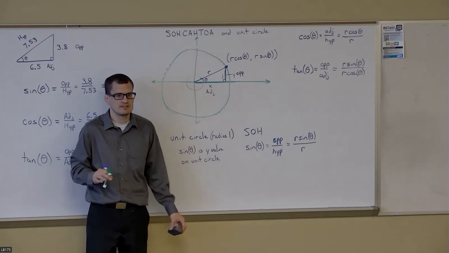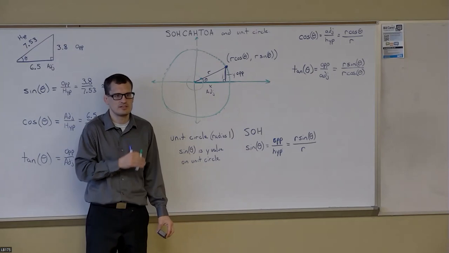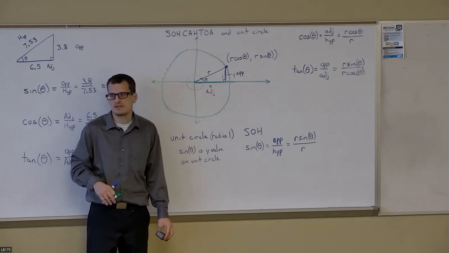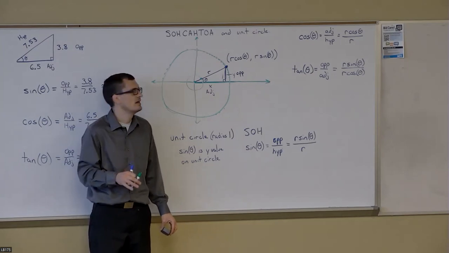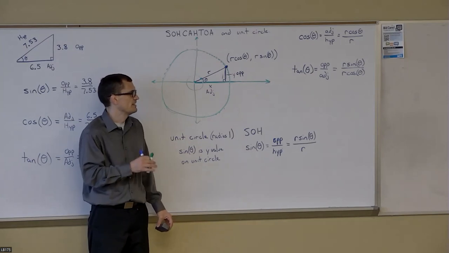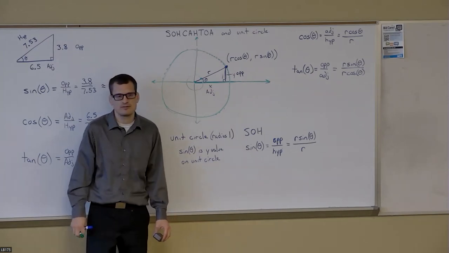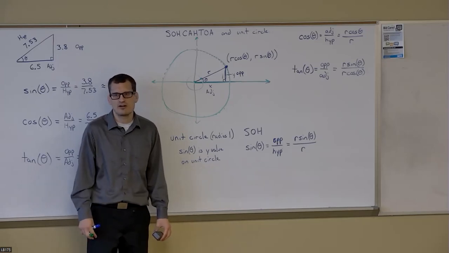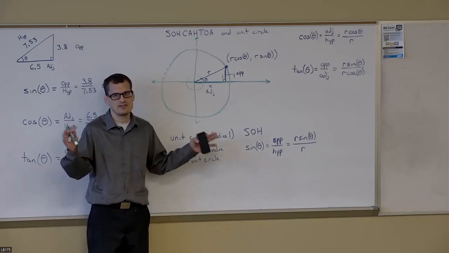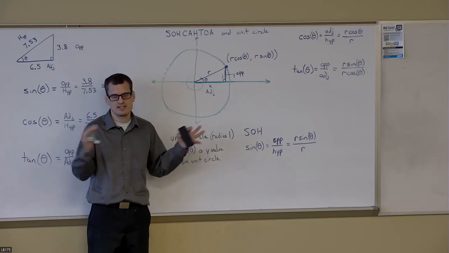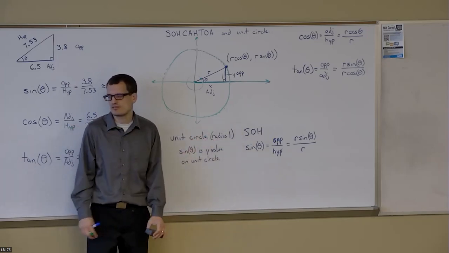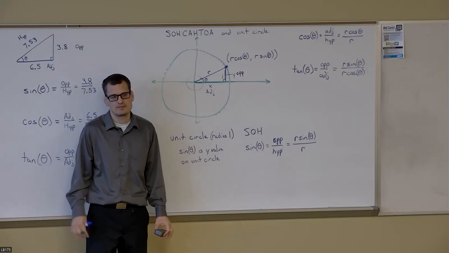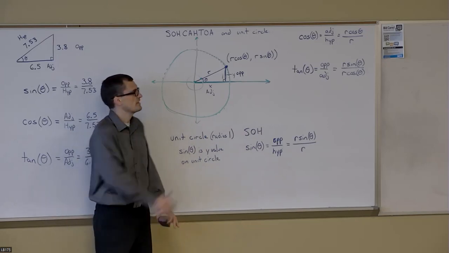That's the connection between circles and triangles. These triangles can all be rearranged and written inside a unit circle. Or not inside the unit circle, inside a circle of radius r. And that's related to the unit circle by scaling up or down, whatever the radius is. That make sense? Okay, so that's the connection.